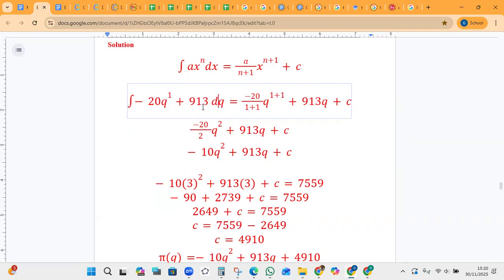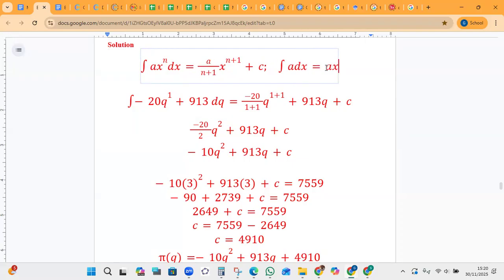When you are integrating a number, we can even write this down as a rule: you just simply add the variable to it. If you want to integrate a by itself, any arbitrary number, that will just be ax plus c.